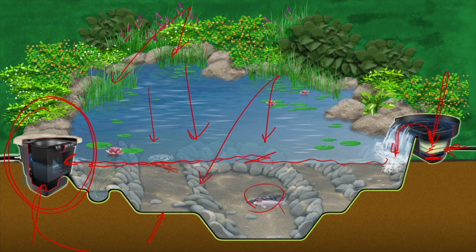The reason we want to have aquatic plants is that during that nitrification cycle, we said the process is going to take the ammonia from the fish waste and turn it all the way back to nitrate. Nitrate is food for your plants. It's food for algal growth. So these are the building blocks for the ecosystem itself.